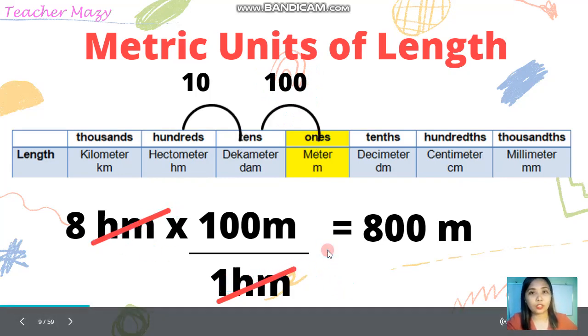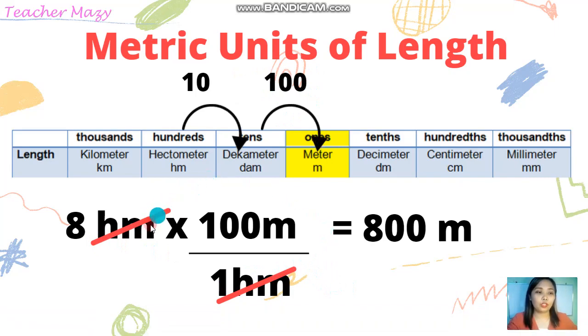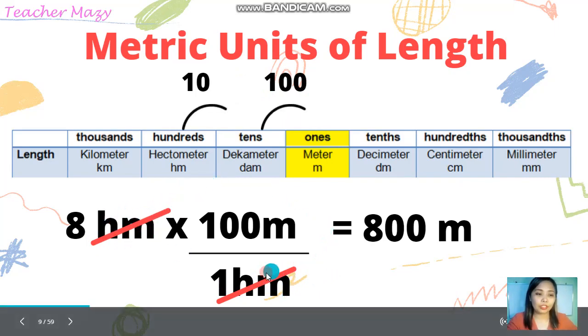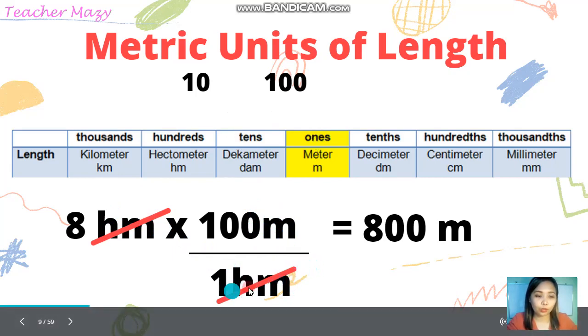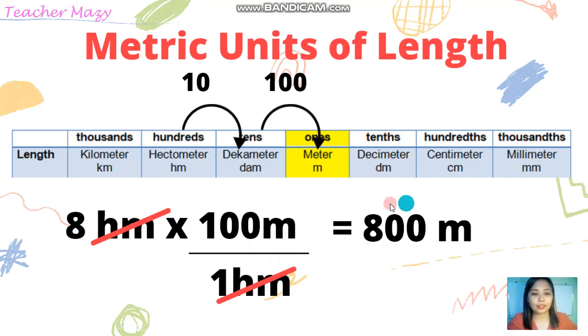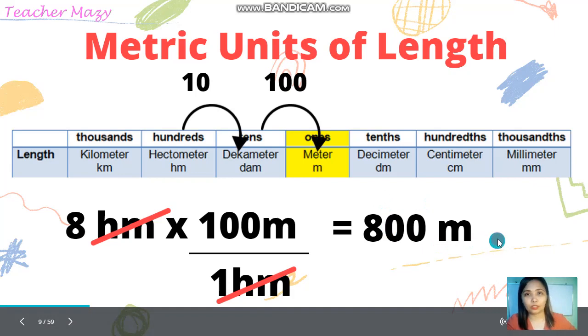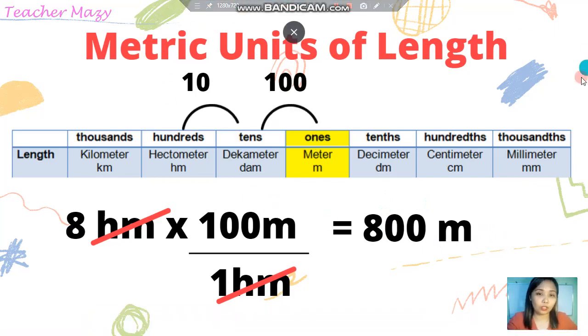Ang tatandaan nyo dito, yung unit na ika-cancel, dapat siya yung nasa baba. Okay? Hindi siya pwedeng ilagay dito dahil hindi siya maka-cancel. So, you need to put the unit at the bottom. So, 8 times 100, that is 800 meters. So, those are 3 methods that you can use to convert metric units of length.